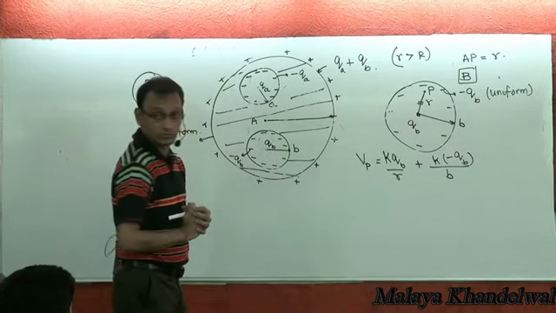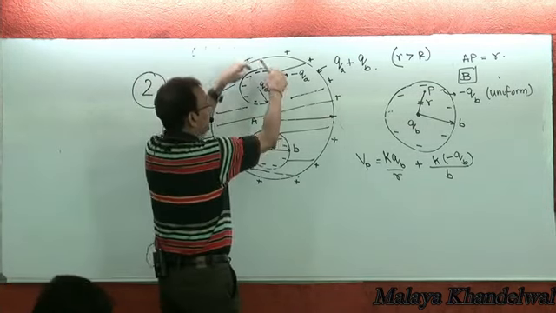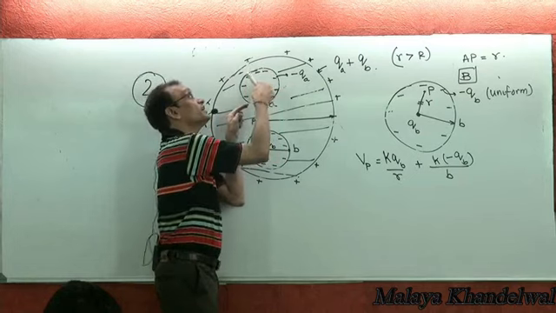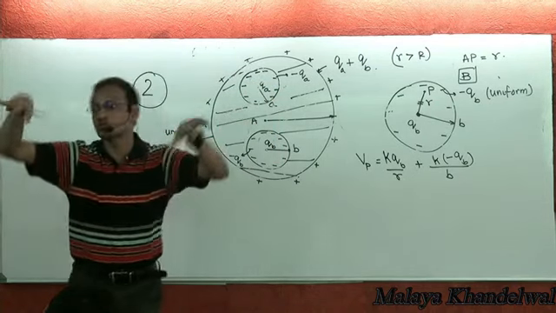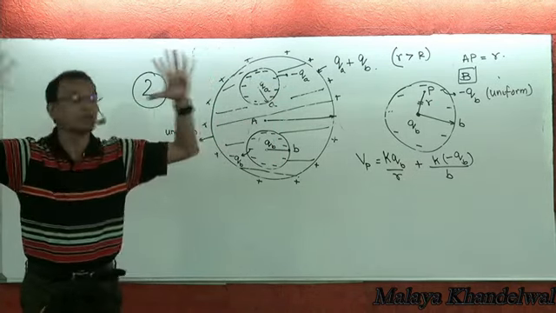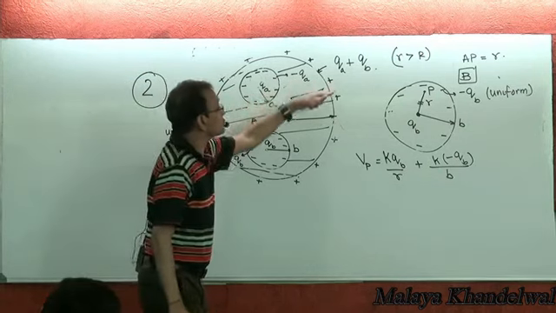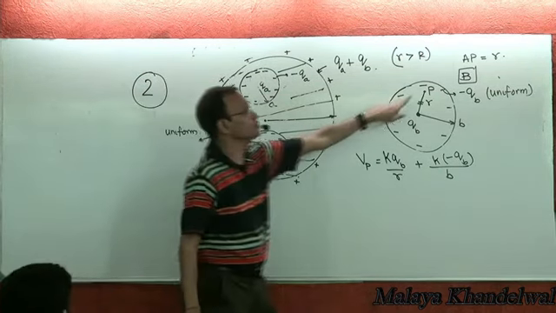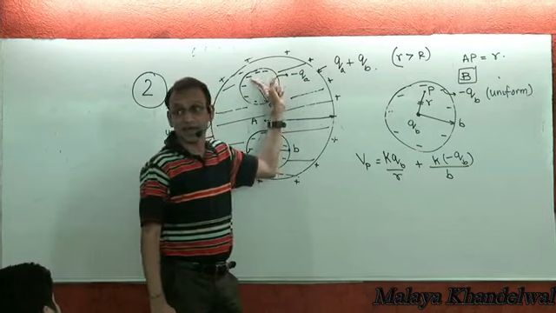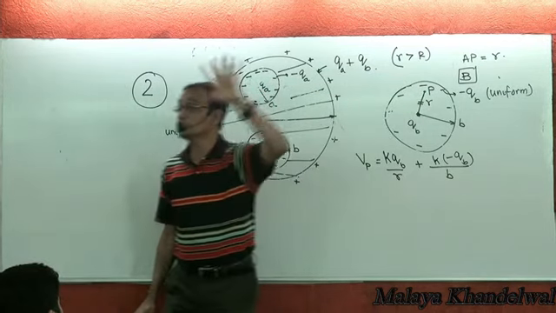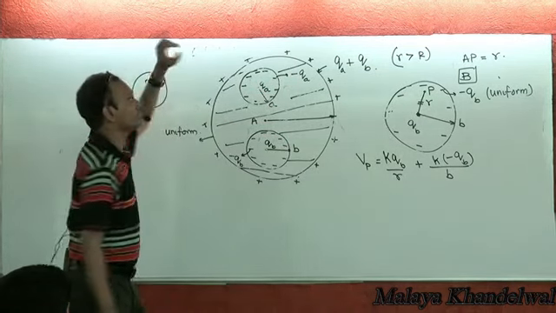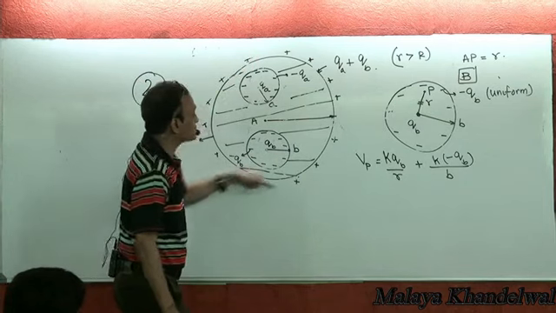There is potential because of this cavity. However, this cavity and its contents everywhere outside will produce zero potential and zero electric field. But this has no contribution at this point P. This second cavity will not contribute anything to P. However, look at this QA plus QB.